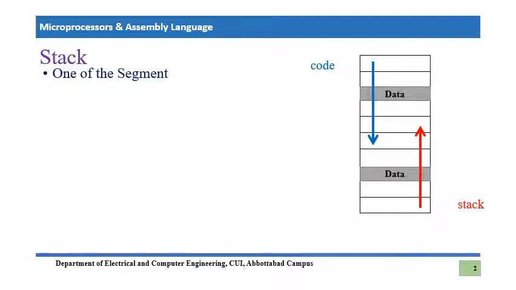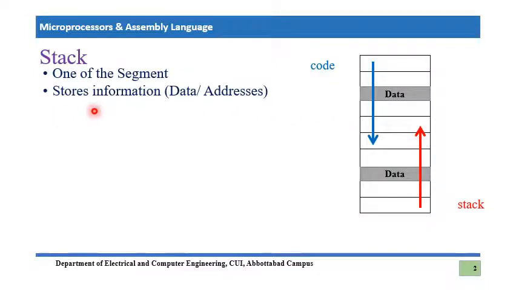One of the reasons why segmentation is performed in the memory attached to the microprocessor is because the code segment and stack segment can collide with each other, since they are sharing the same memory chip.